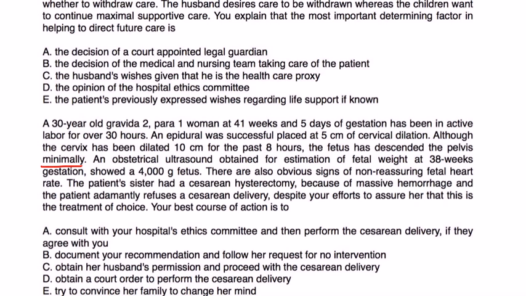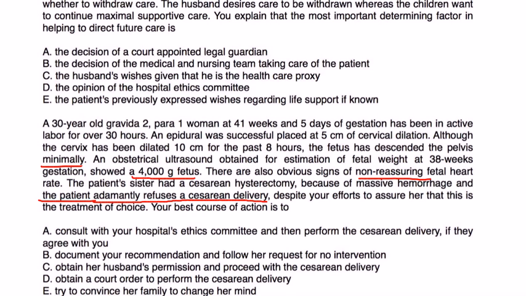An OB ultrasound obtained for estimation of fetal weight at 38 weeks gestation shows a 4,000 gram fetus. There are also obvious signs of non-reassuring fetal heart rate. Patient's sister had a cesarean hysterectomy because of massive hemorrhage, and the patient adamantly refuses a cesarean delivery, despite your efforts to assure her that this is the treatment of choice.